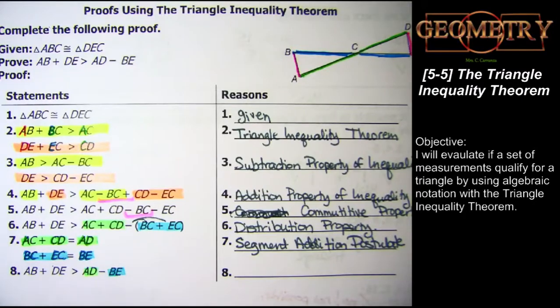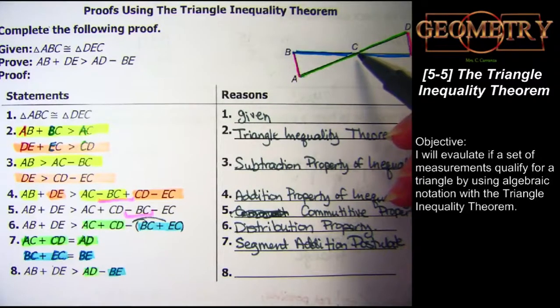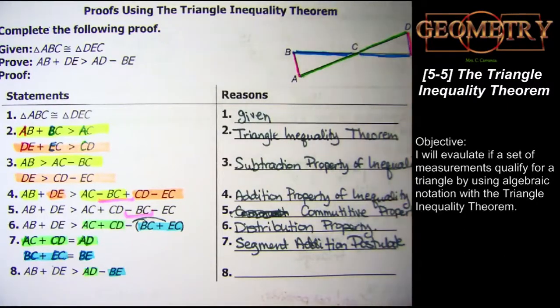Like midpoint? Okay, midpoint is when you have the point in the middle and it makes the things on either side equal. This might end up being a midpoint, but we don't know for sure. We have to prove that, and that's not what we're after. We're trying to figure out, they use the fact that these two things are equal, and they changed from AC plus CD to AD. They replaced it.